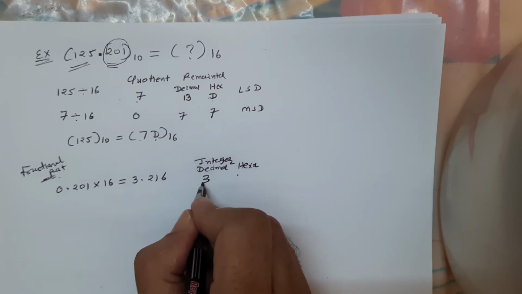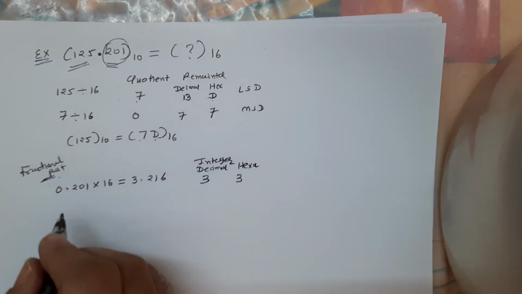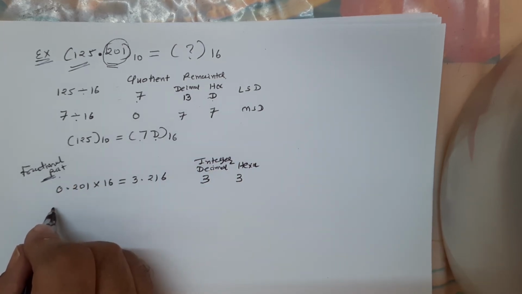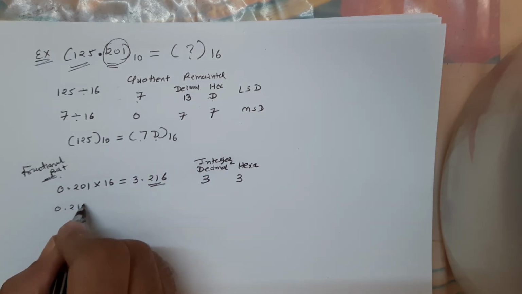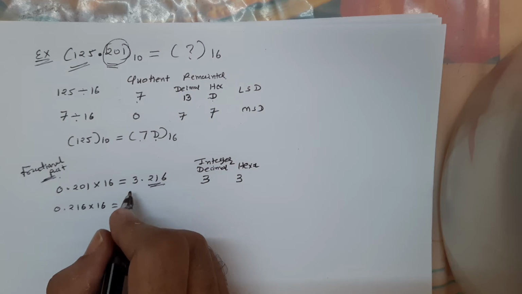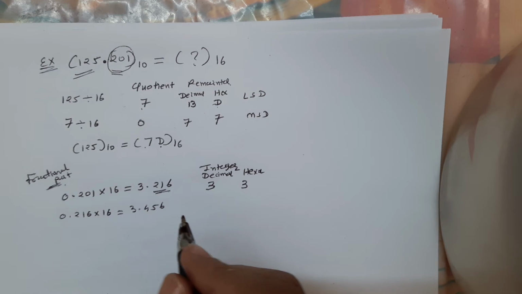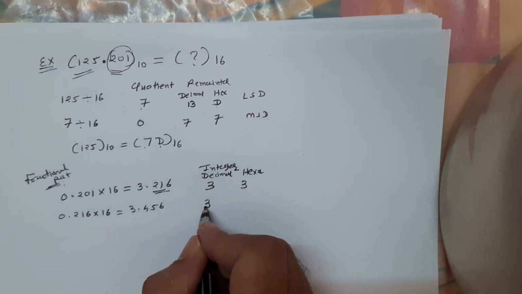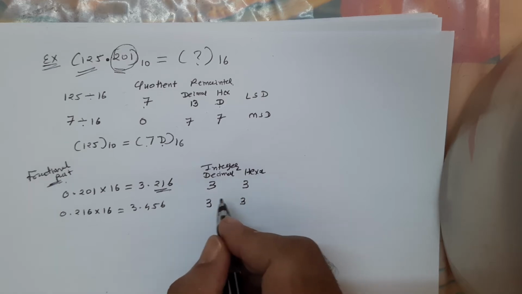This is your 3, the hexa is 3. Now this 0.216 multiplied by 16 is equal to 3.456. The decimal is 3. Its hexa is again 3. It is not more than 9.